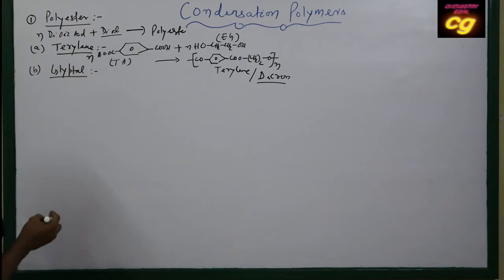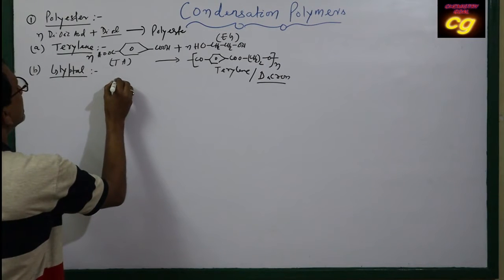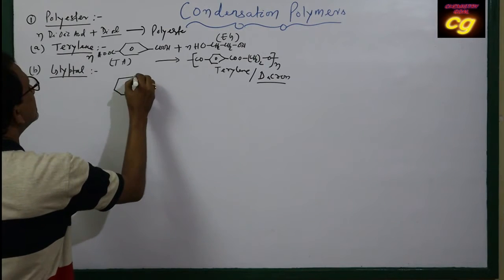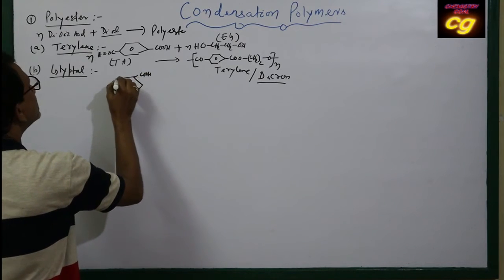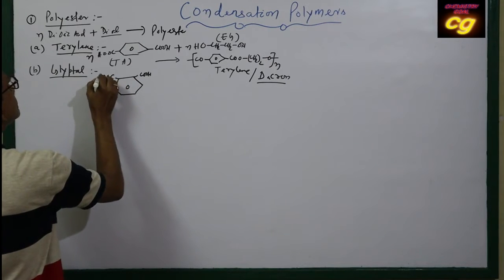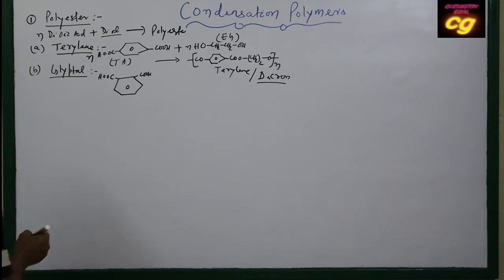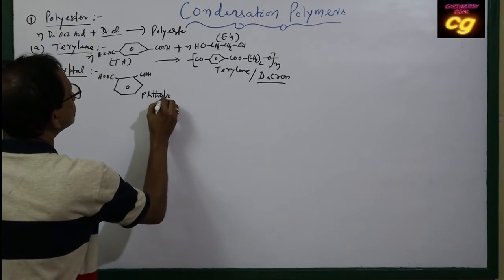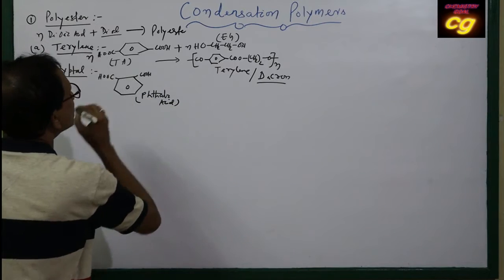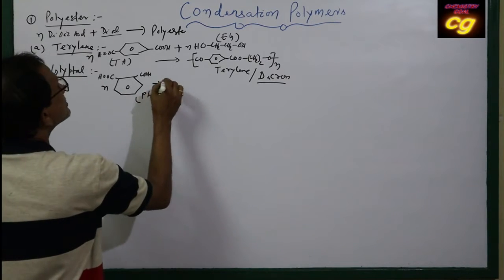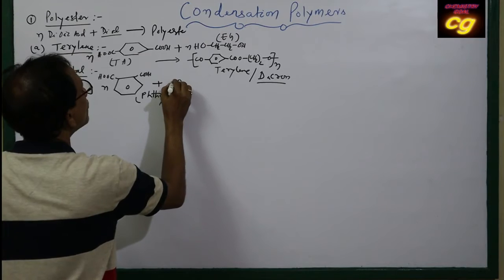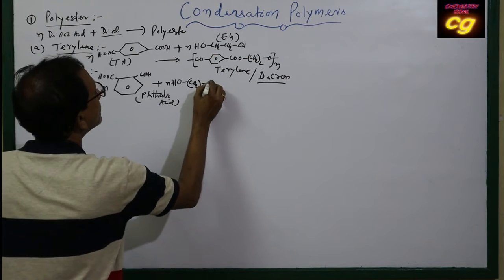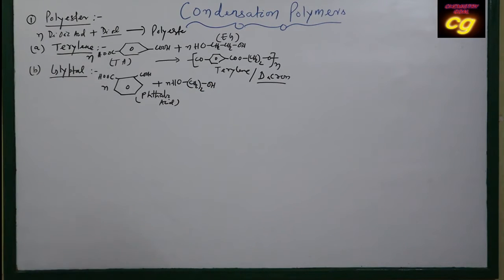It is also produced by the combination of the same kind of dicarboxylic acid, but this carboxylic acid is called phthalic acid. Phthalic acid n number, when mixed with the same ethylene glycol, that is OH, CH2 whole 2, then OH. This is ethylene glycol.